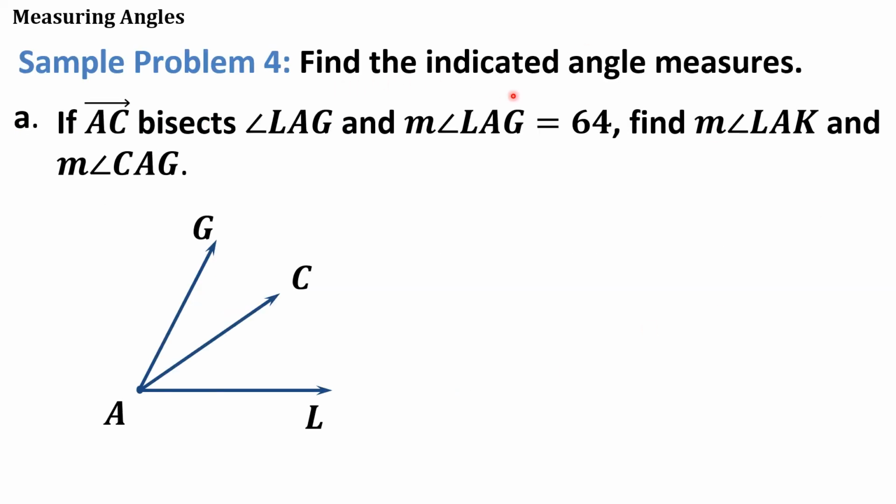Now find the indicated angle measure if AC, that is our ray, bisects the angle LAG. That means it's dividing that angle in the exact same middle.